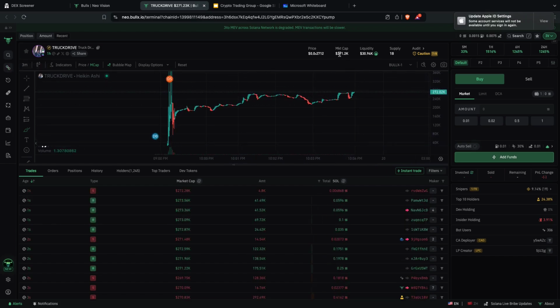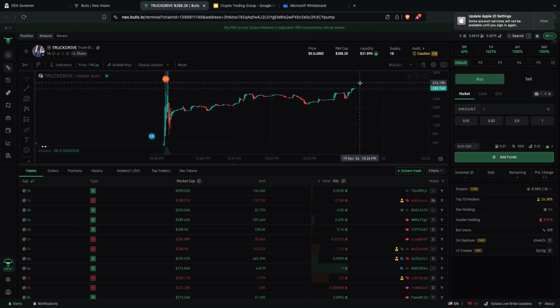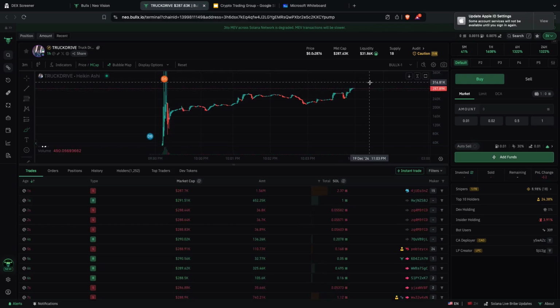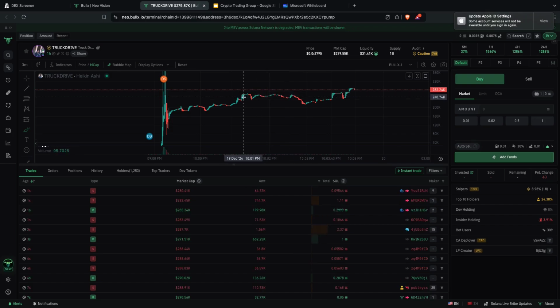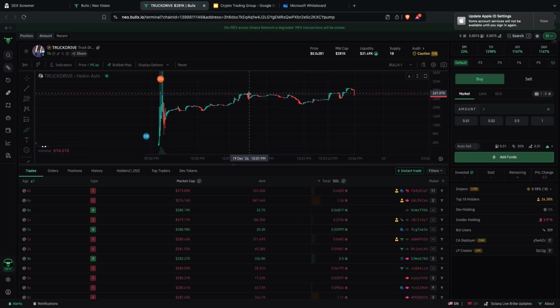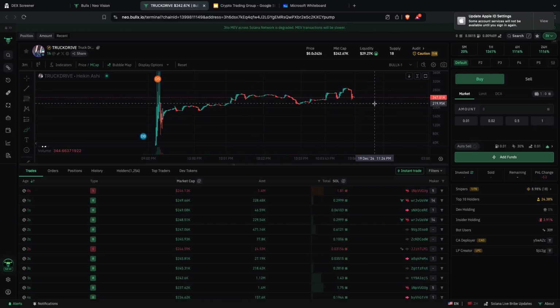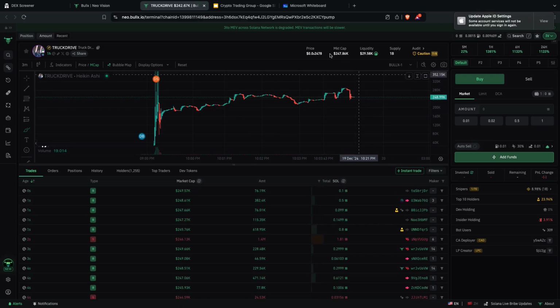If you see it trading above 250, there's a high likelihood that it's going to finally push out and go to 300K, even 500K. So as you can see right over here, it has broken the structure. The 250,000 is no longer acting as resistance, and it's right now coming back down. So these are the things that you're supposed to be looking at.